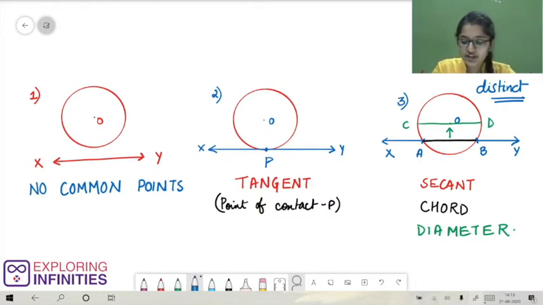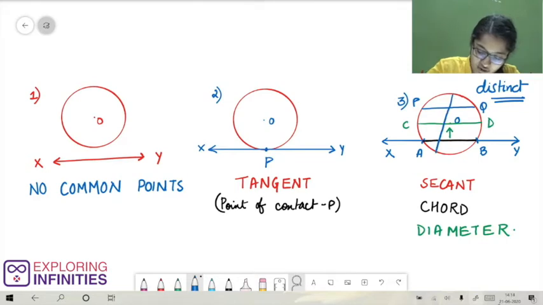An interesting point to note about diameter is that it is the longest chord of the circle. If we draw any chord other than CD, for example, here we have our chord AB. Let us consider some other chord PQ or another chord RS. Any of these chords won't be as long as CD is.